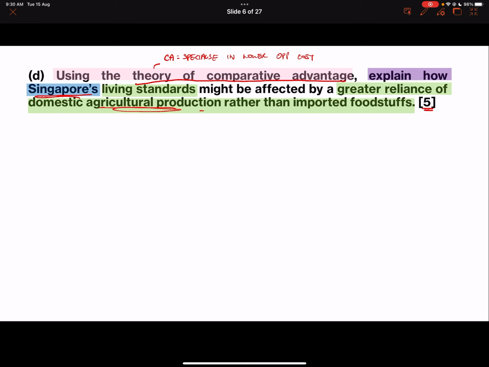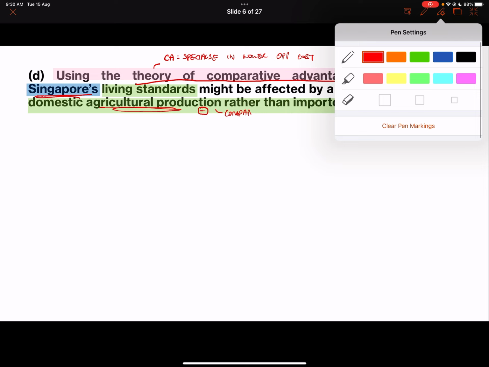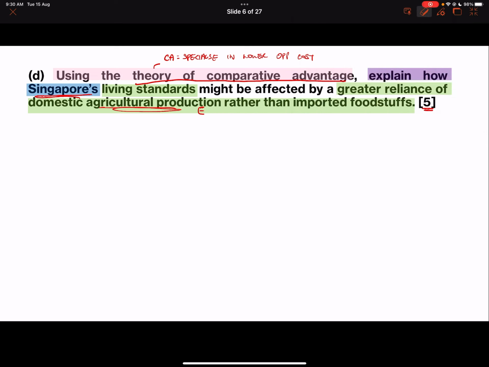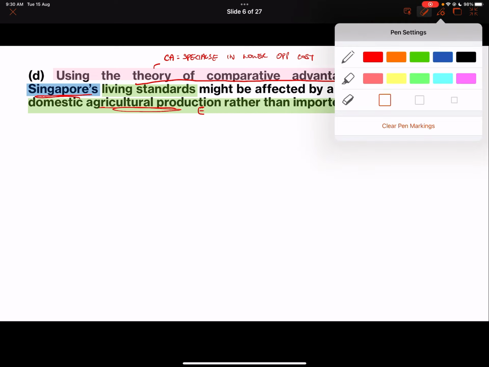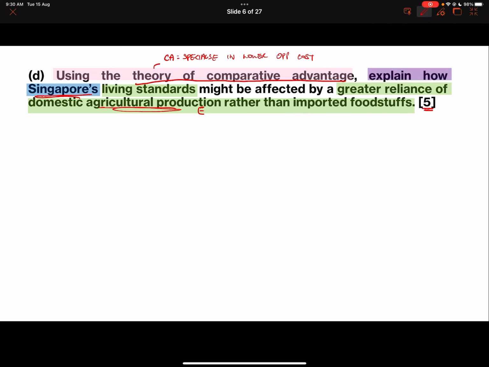This obviously is a comparative disadvantage, or no comparative advantage, I think. Let's make it clearer. Okay, so no comparative advantage here.